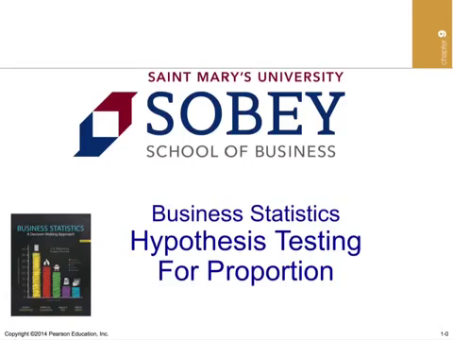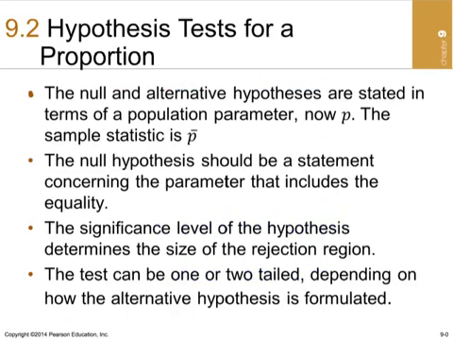So that brings us to hypothesis test for proportion. The procedure is pretty much the same, except for one thing. The test statistic is different because we're dealing with proportions now. Always remember that the test statistic is a function of the sampling distribution. Since we're talking about population proportion, the sampling distribution is the sampling distribution of the sample proportion.